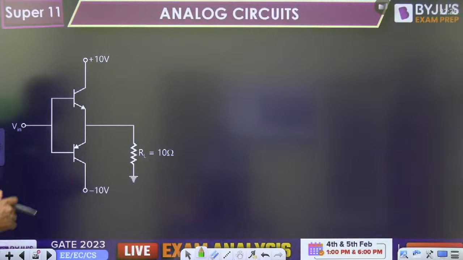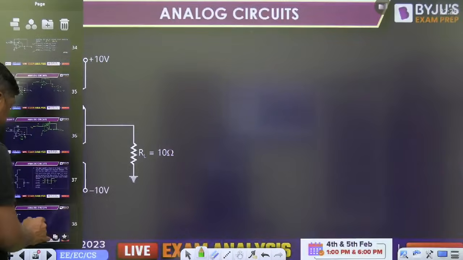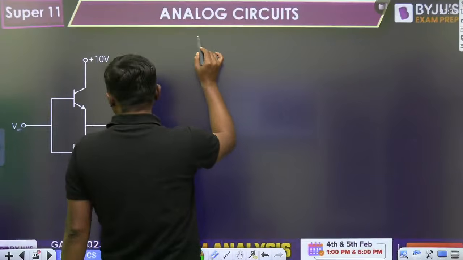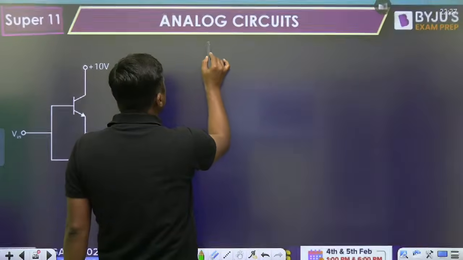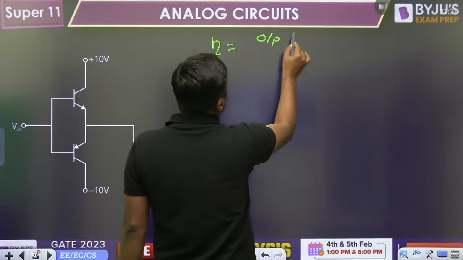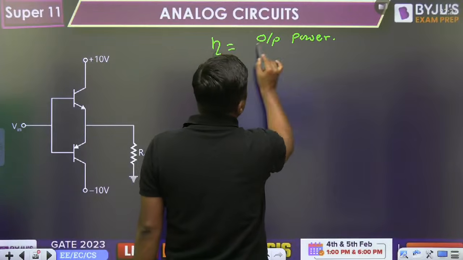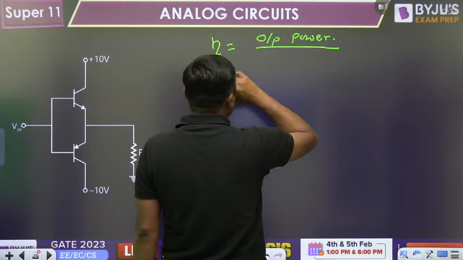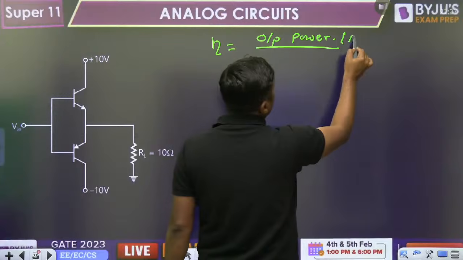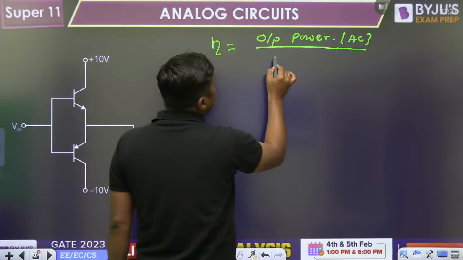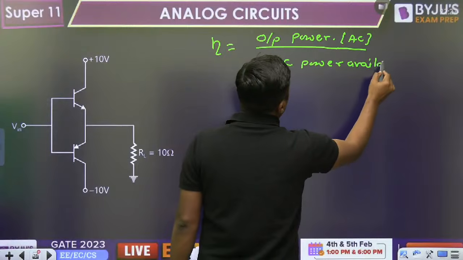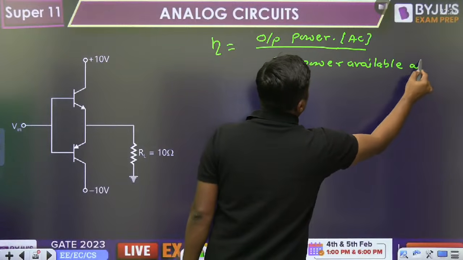Remember, what is the formula for the efficiency, everyone? First of all, efficiency is given by output AC power delivered to the load, divided by DC power available at output.